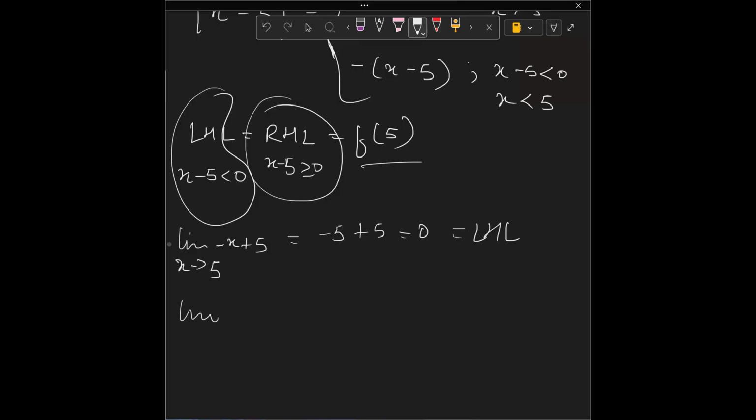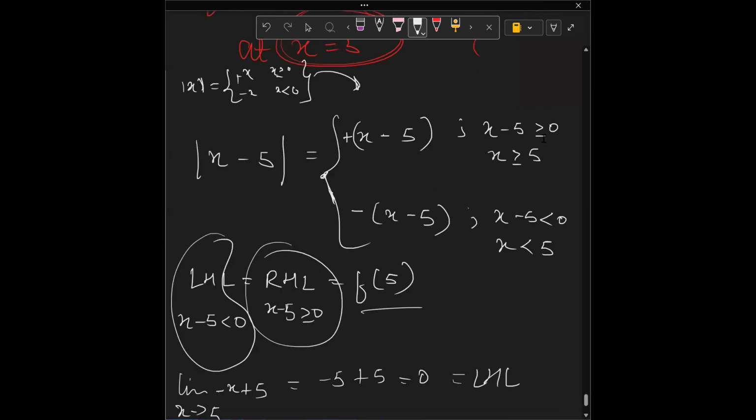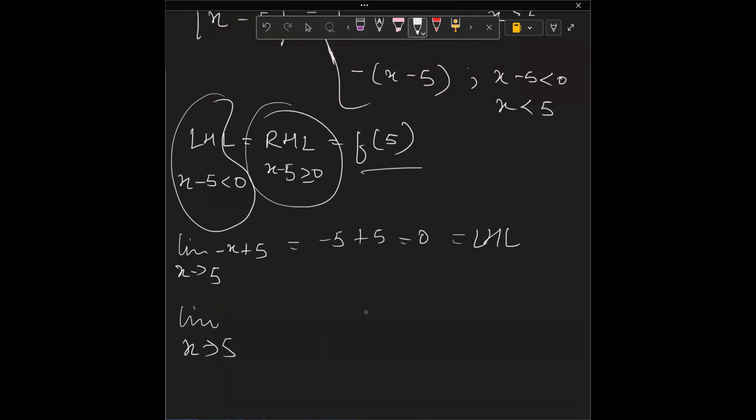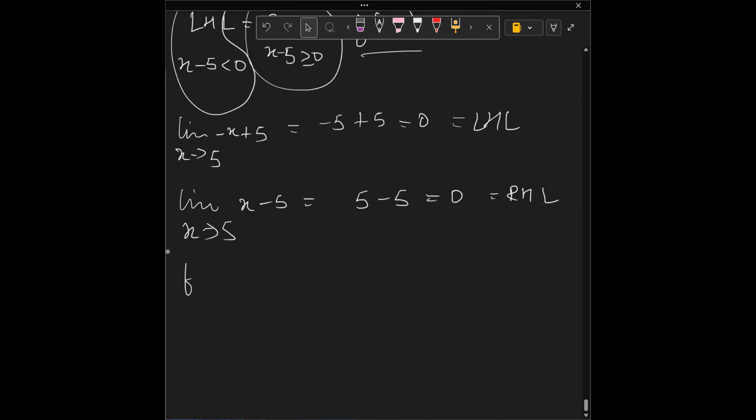Now talking about RHL, limit x tending to 5. What is the function for x minus 5 greater than 0? This one is positive x minus 5, that is x minus 5, and when you put 5, this is 5 minus 5, that is 0. This is your RHL. And function value at x equals to 5 is, यहाँ पे आपका function value क्या है? x minus 5 है. क्यों x minus 5 है?